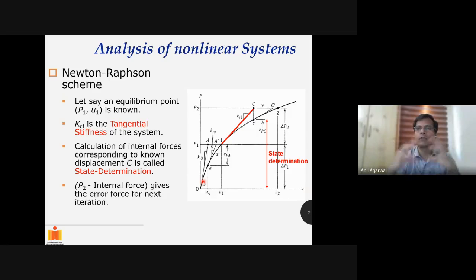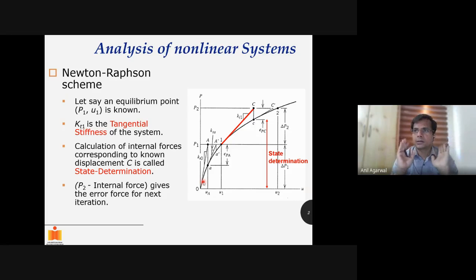We are always assuming that the system, when you have not applied any external forces, has 0 deflections. Correct? Or there are no internal forces in the system. Those things we are assuming, and that is mostly true. That's how we build the structure. If there was an internal force, we would not have been able to assemble the structure in the first place. Fine. So at that time, the deflections are 0 when the loads are 0.